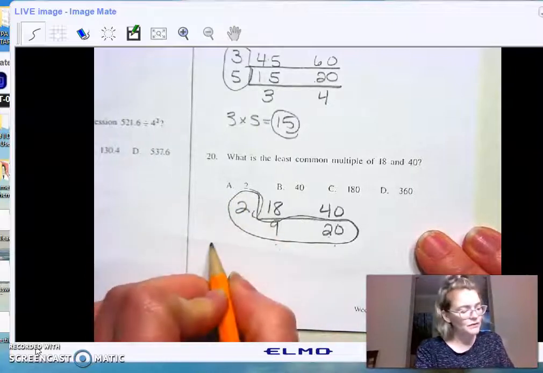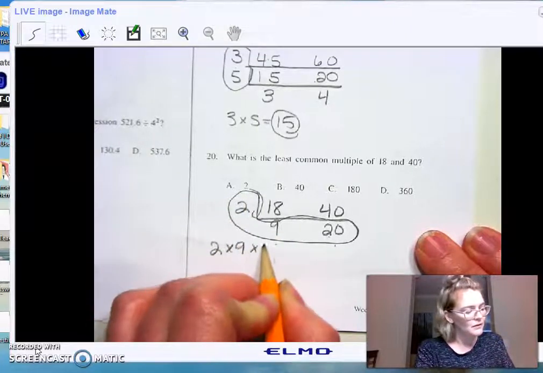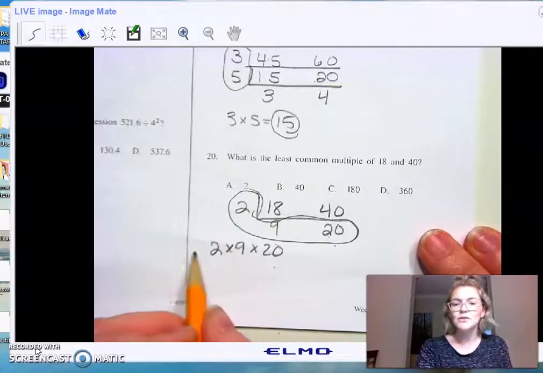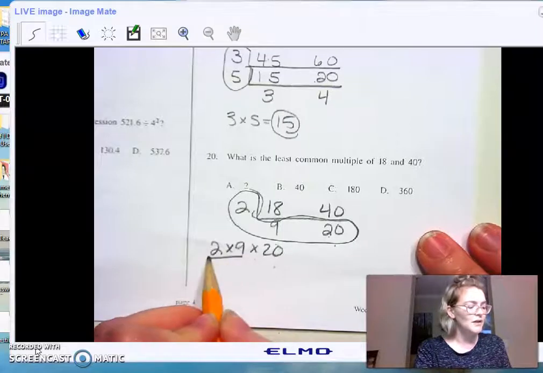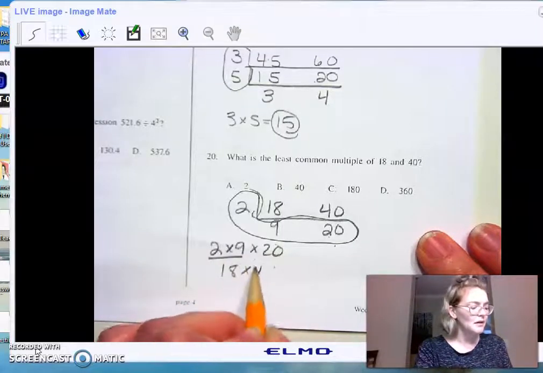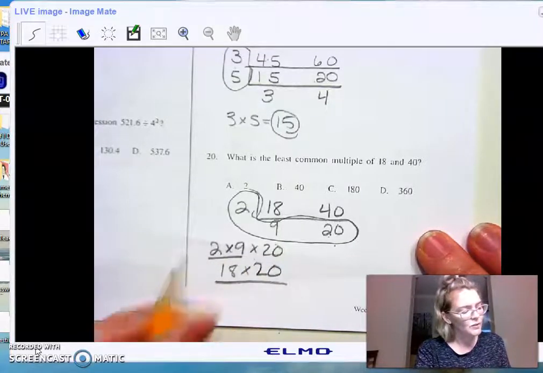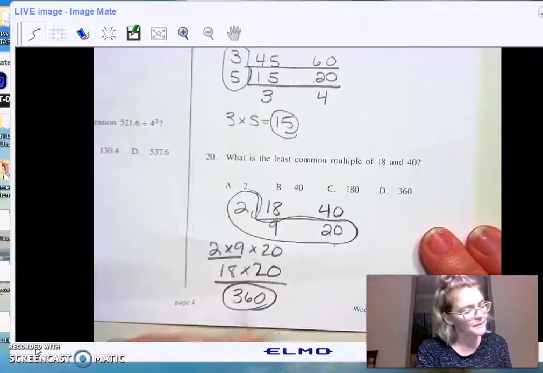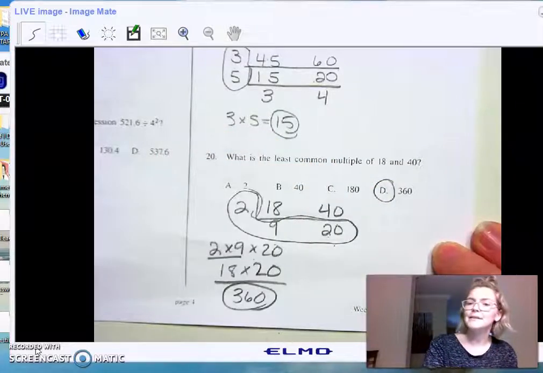And then you take those and line them up, and we're just going to multiply across. So 2 times 9 is 18. 18 times 20 is 360. And that would be D, 360.